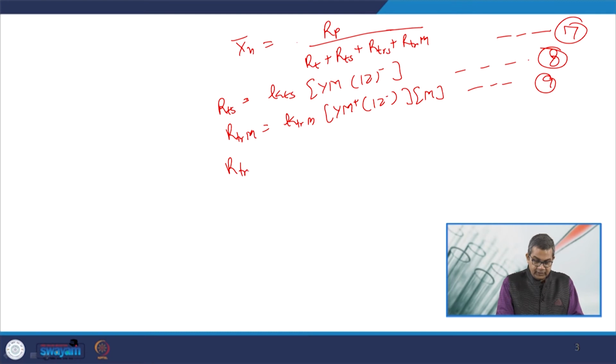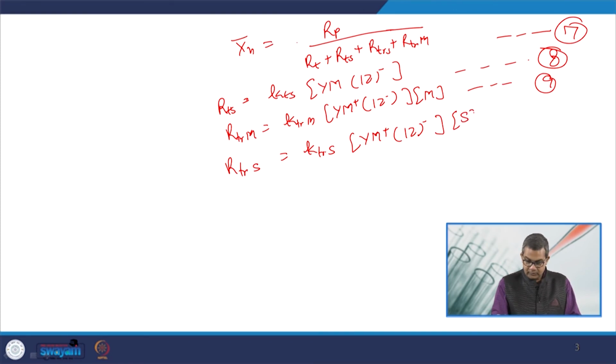Then Rtrs, that is Ktrs Y M plus I Z. This is equation number 10.